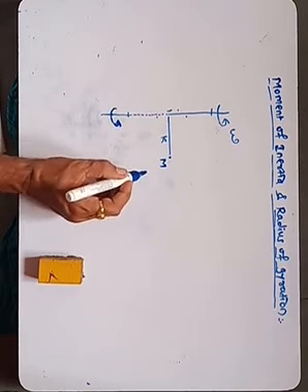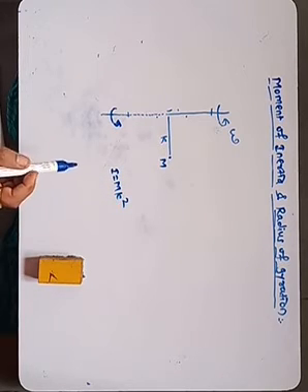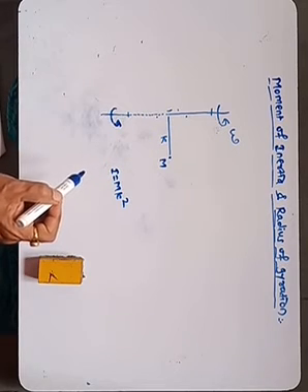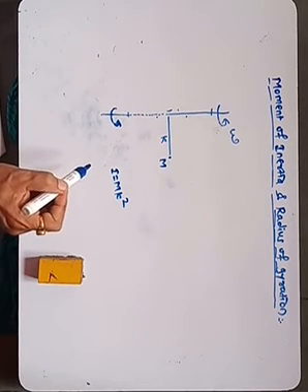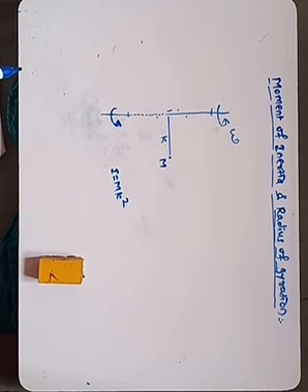Then the moment of inertia I is equal to m k square. If the mass and moment of inertia are the same, then that distance k we call the radius of gyration.